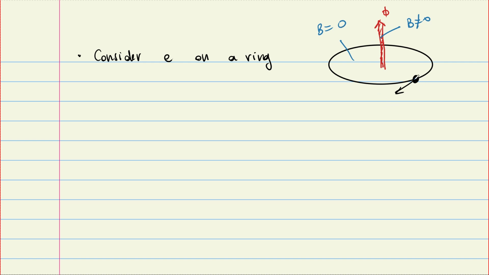And classically, a classical electron only knows about the Lorentz force, F is equal to Q over C, V cross B, and if B is zero, this electron should have no influence from the magnetic field inside.